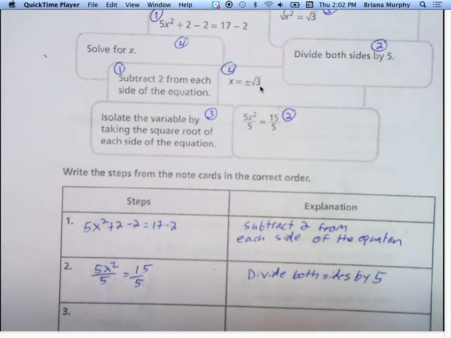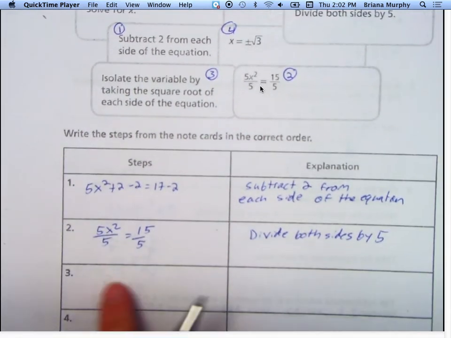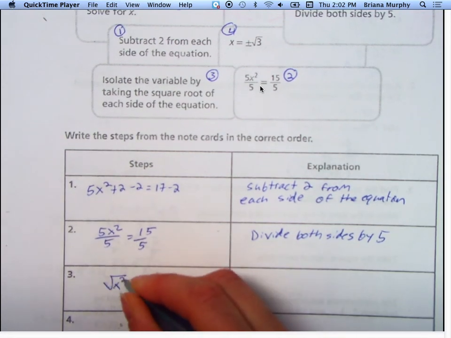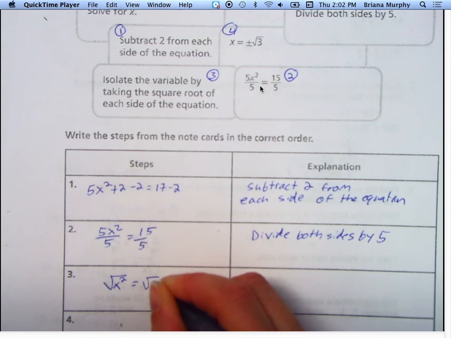Step 3, I have square root of x squared equals square root of 3.